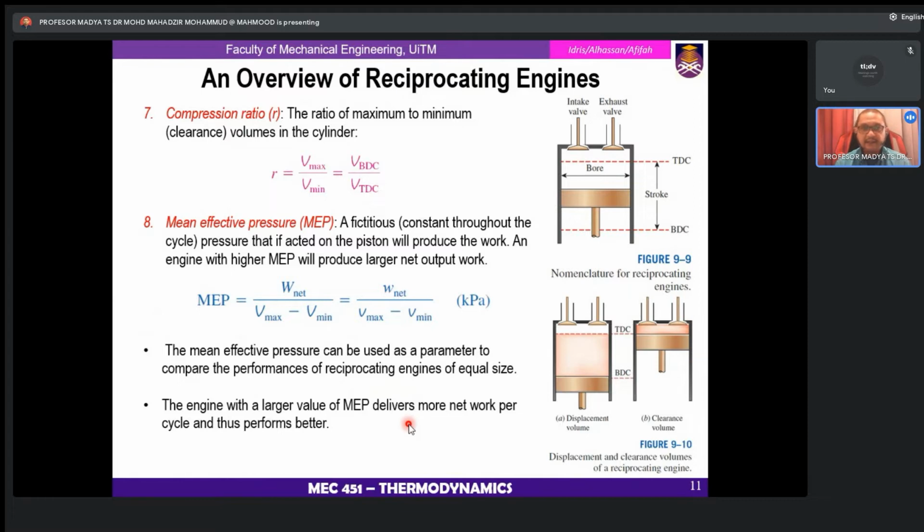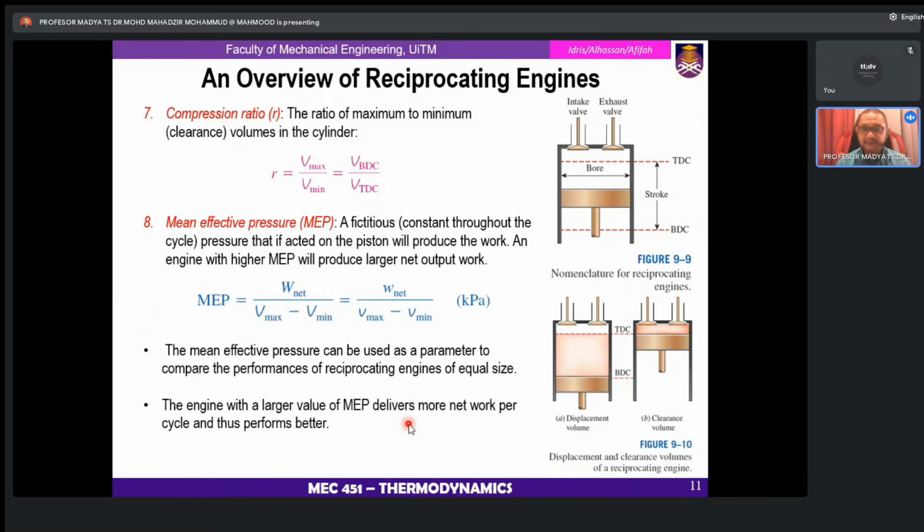Number 8, MEP. MEP is mean effective pressure. MEP is a fictitious pressure, assumed constant throughout the cycle, that acts on the piston to produce the work. So an engine with a higher MEP will produce a larger net work output.